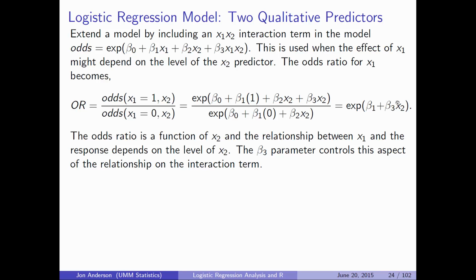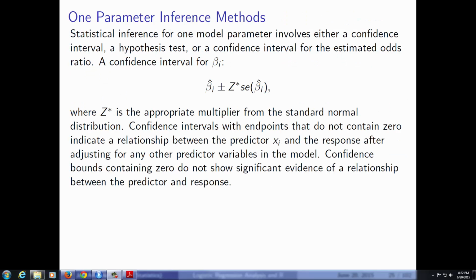It would wipe out this functional dependence on x2, and you'd be left with just e to the beta 1. So beta 3 is an interaction parameter, and it controls the complicated interacting effects of x1 and x2 together on the response. Well, those are the ideas.